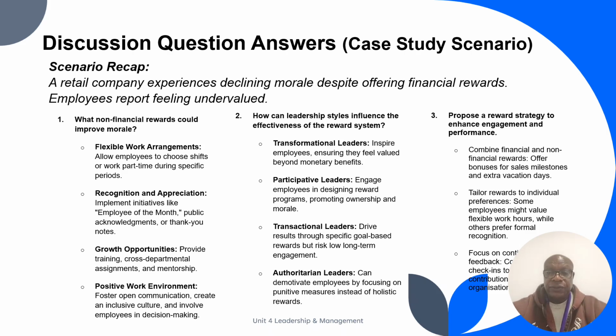So it's a question of discussing, understanding, and agreeing what type of reward will suit a particular employee. You can also focus on feedback, with regular check-ins, and offer contribution that way to employees. So there's quite a variety of reward systems that you could use.